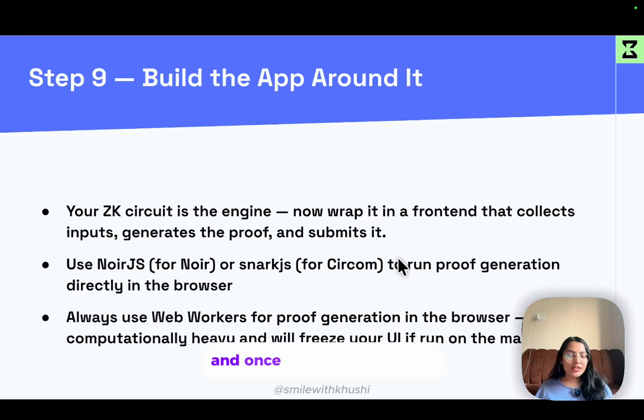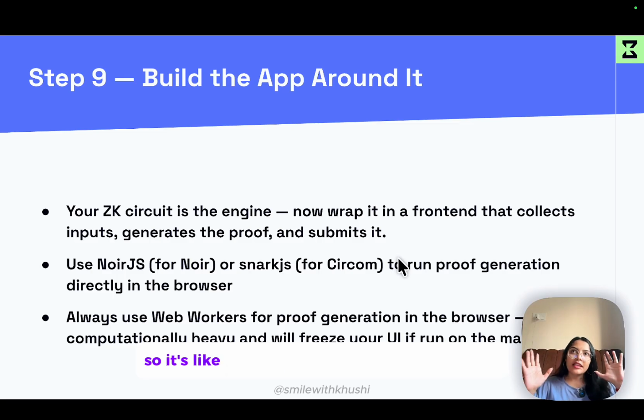And once you have generated proofs and verified them, you can build a complete front end and add some back end things around it. So try to understand this, that the ZK circuit is the engine. Okay, it's the engine that keeps your machine running. For the machine's spare parts, you basically need to wrap this engine with the front end and the back end.